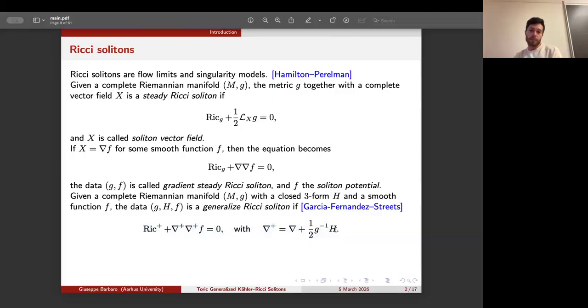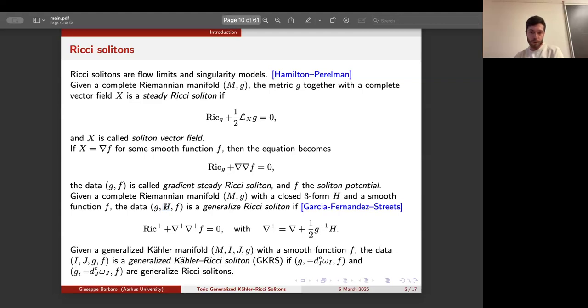Now see that everything here is Riemannian, and we just allow some torsion in our geometry. A particular case of interest is when this torsion is related to our structure. In particular, we can put a complex structure here and ask this to be the torsion of this Hermitian structure.